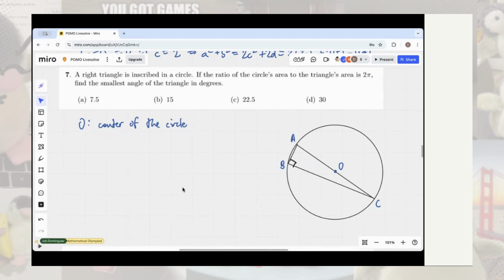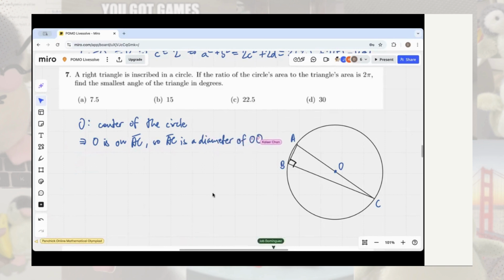Notice that since the triangle is inscribed in the circle, O is on AC, meaning that AC is a diameter of circle O.